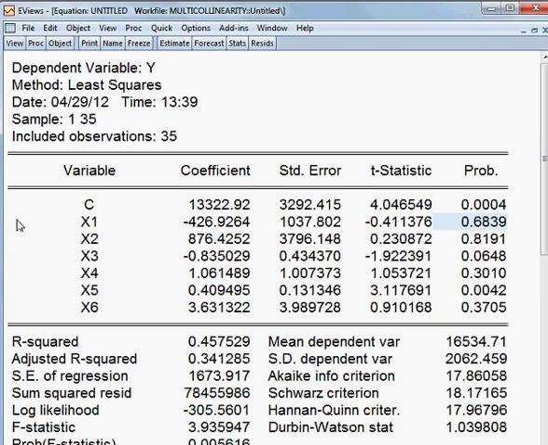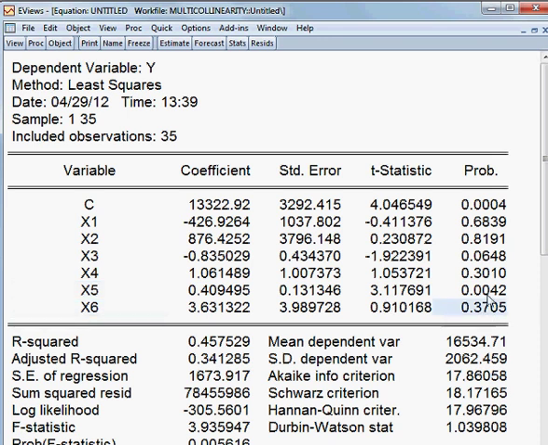So x1 is not significant, x2 not significant, x3 also not significant, x4 also not significant. x5 is significant because the probability value is only 0.42%, which is less than 5%.